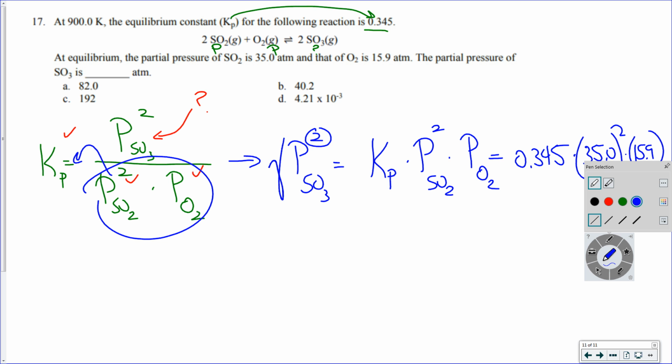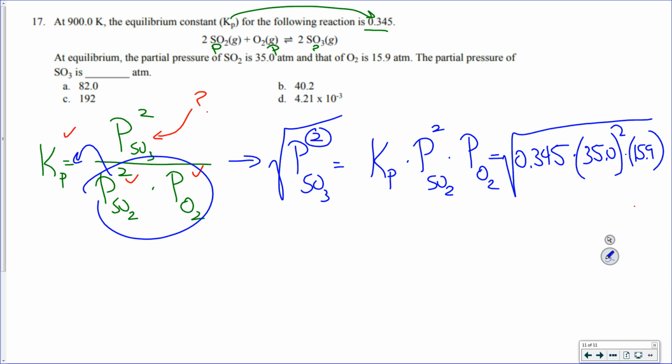The way I get rid of the square is I take the square root of both sides. If I take the square root of both sides, I get 82.